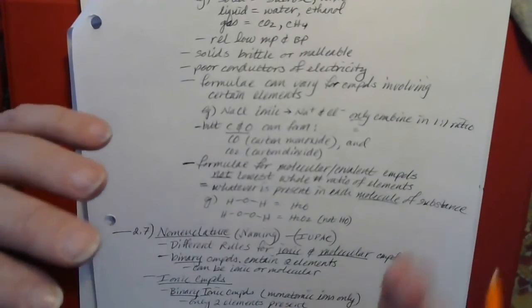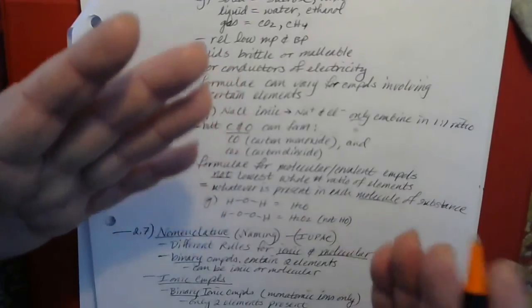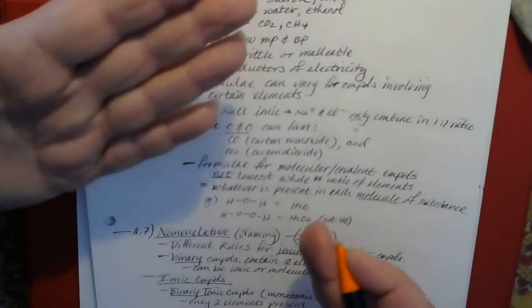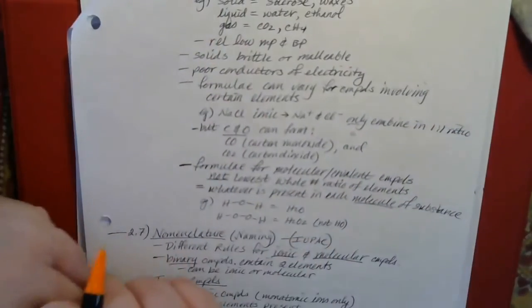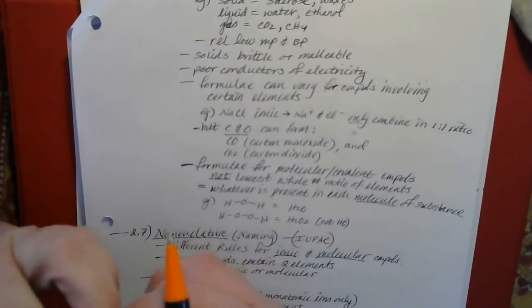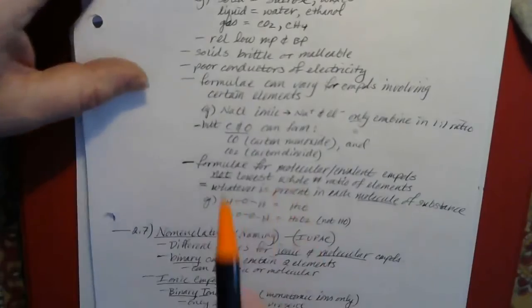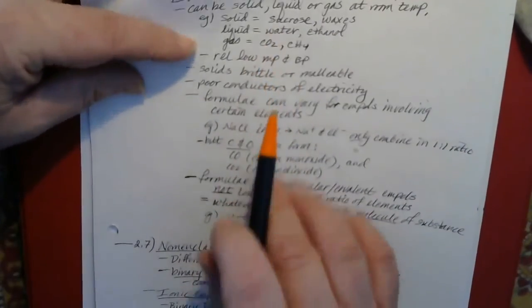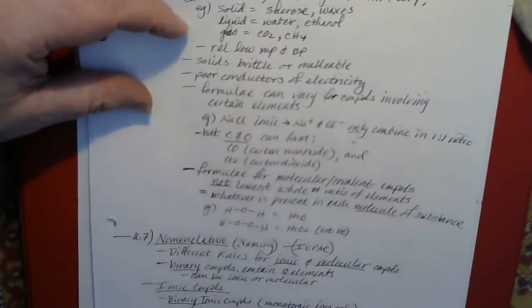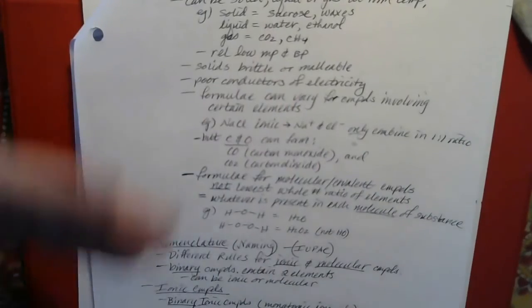If you look at ionic compounds like sodium chloride, for instance, sodium and chlorine can only combine with each other in one ratio, NaCl, that's it. And that's the way it is for the other ionic compounds too. But for molecular or covalent type compounds, you can often have several different compounds involving the same elements in different ratios.